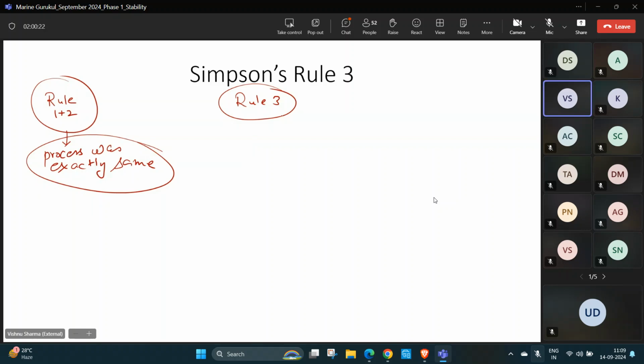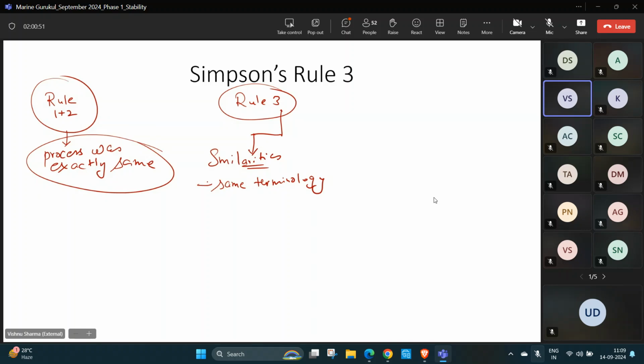What are the similarities? Let's first deal with the similarities of rule 3 compared to rules 1 and 2. The terminology is the same: coefficient, Simpson's multiplier, common interval.